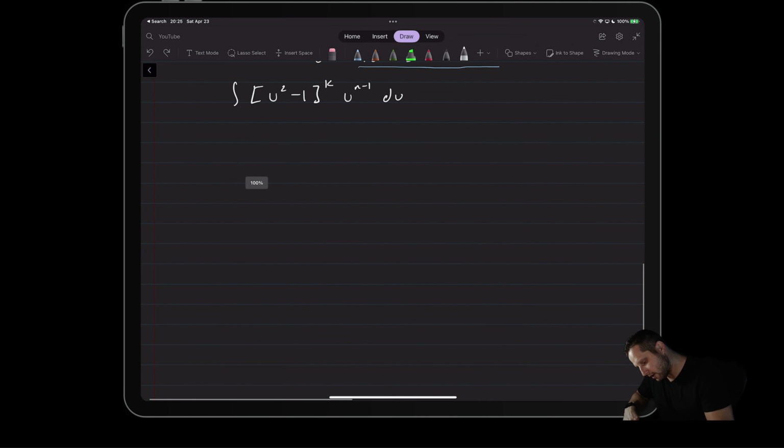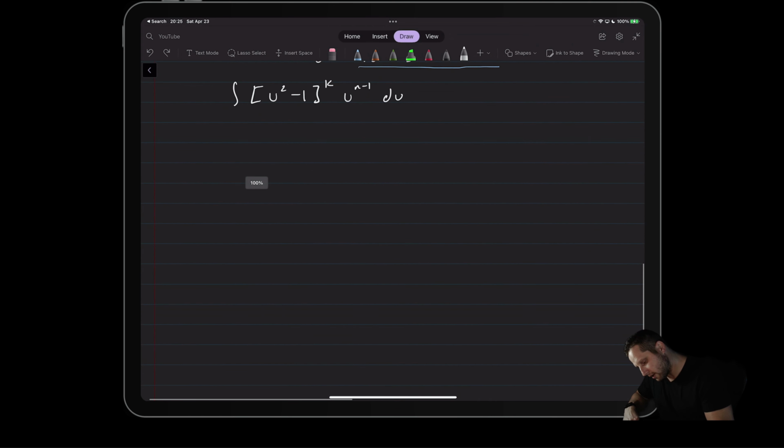Okay? Now, if I multiply this whole thing by 1 over cosine squared, so let me write it like this.